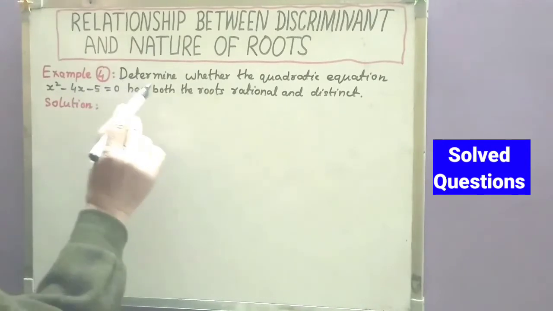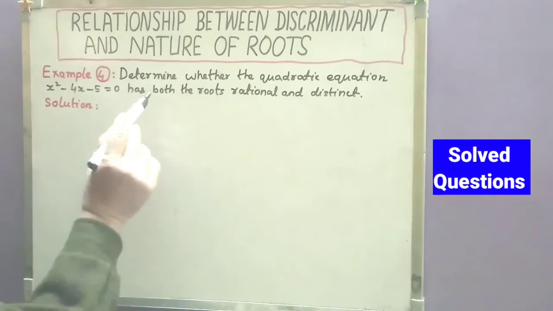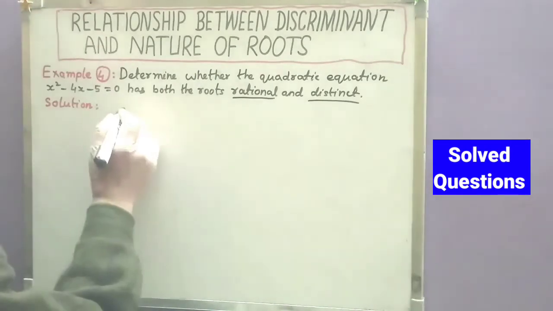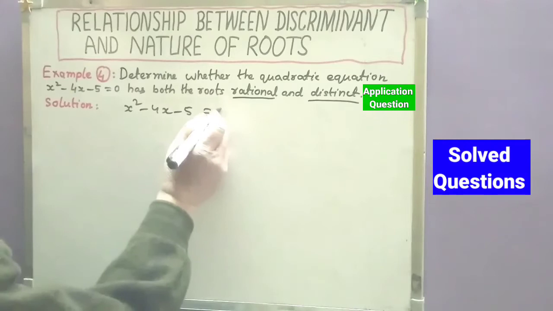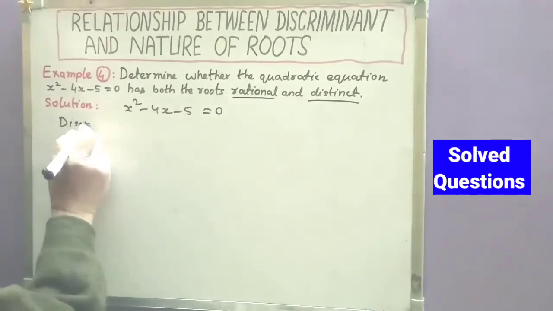Example 4. Determine whether the quadratic equation x square minus 4x minus 5 equal to 0 has both the roots rational and distinct. Let's solve this question. Given that x square minus 4x minus 5 equal to 0.